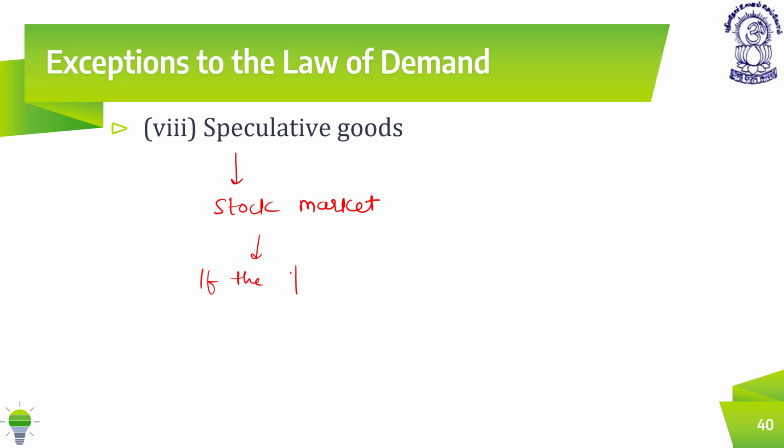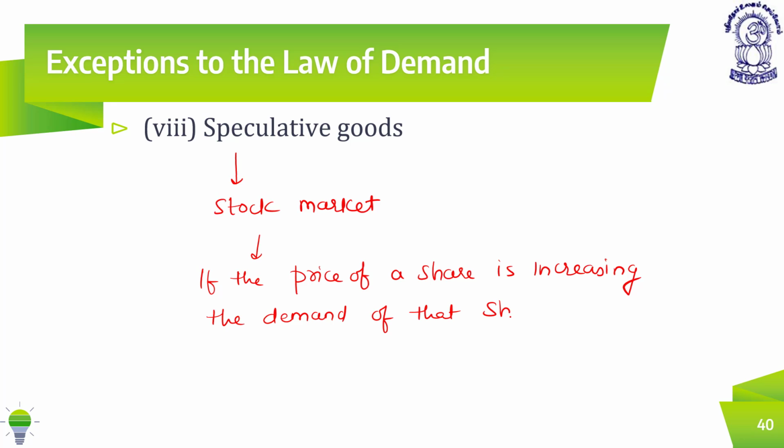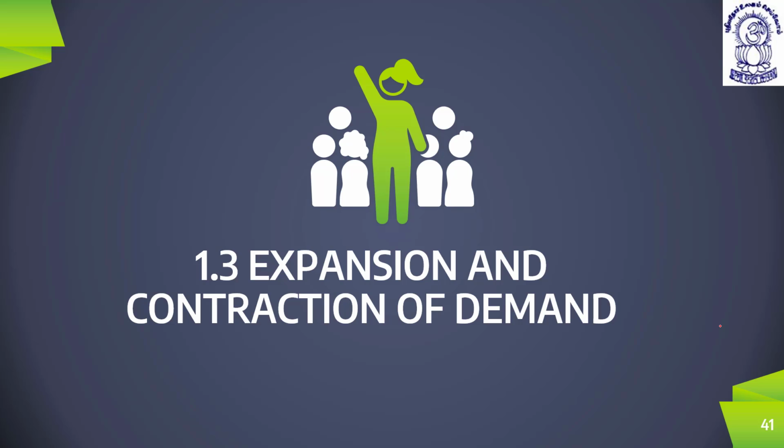If the price of a share is increasing, the demand of that share will also increase. And law of demand is totally cornered off in this case. So it comes under exceptions of law of demand.